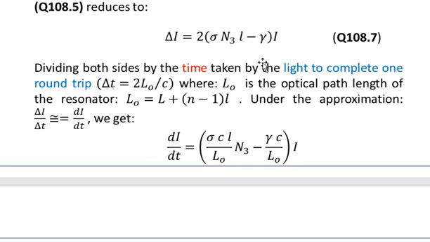The simplified result is sigma C L divided by L naught, multiplied by N3, minus gamma C over L naught, with the terms in the parenthesis multiplied by the intensity I.